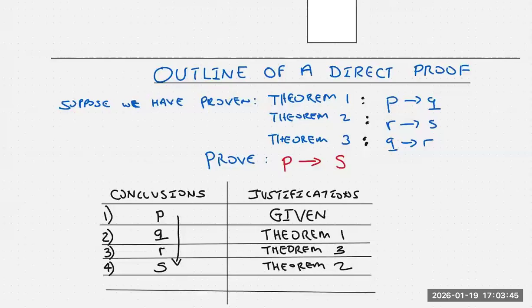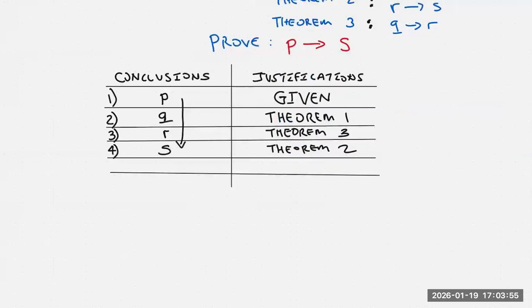Indirect is a bit trickier. Let me give you an example of indirect so you can understand how it works. For indirect, you need to eliminate all the possible options that don't correlate to what you want to prove. For example, if I want to prove that a number is negative, but I can't go directly to show the negative result, all I have to show is that, okay, you're given a number.